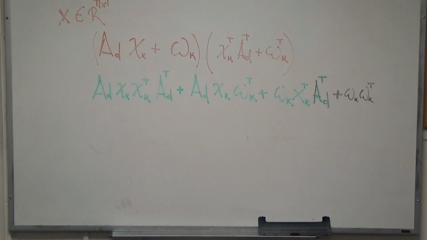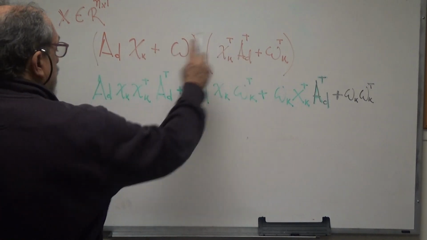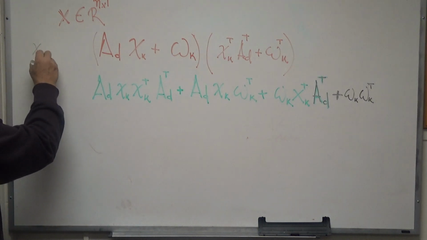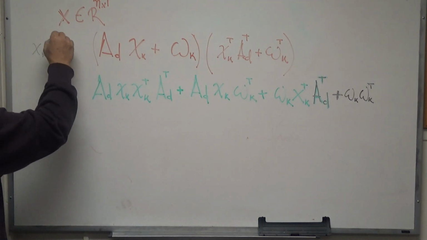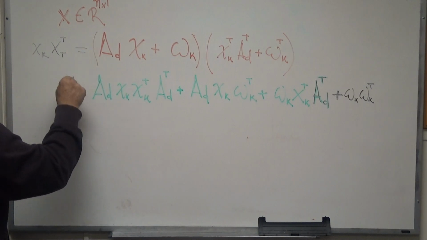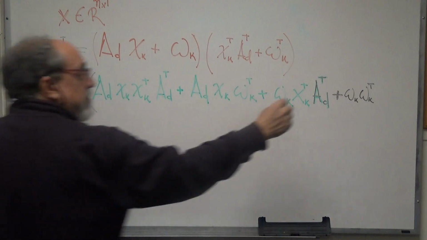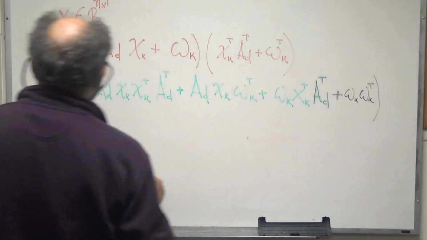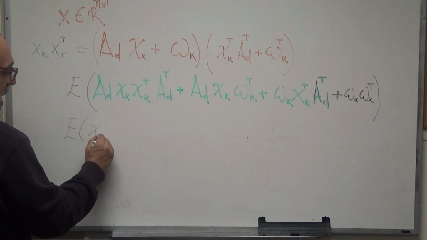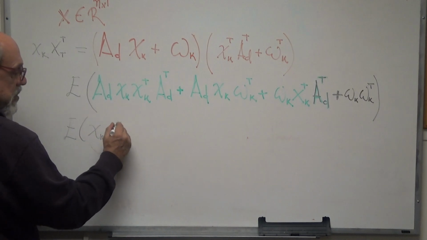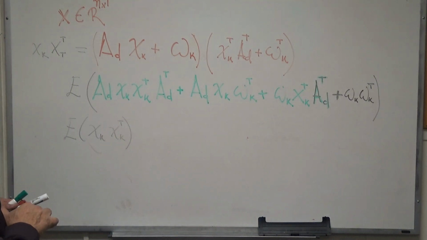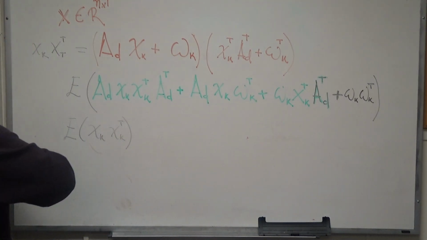Now, that's the product of these two things. So that is equal to xk times xk transpose. Now I'm going to take expectations of this. And that is the expectation of xk and xk transpose. Actually, not xk, it was xk plus 1, right?